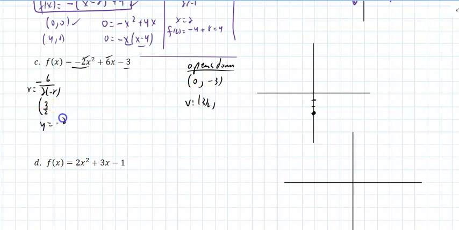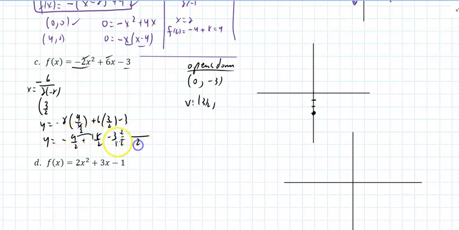Y would be negative 2 times 3/2 squared is 9/4, plus 6 times 3/2 minus 3. Y would equal negative 9/2 plus 18/2 minus 3 over 1. So this is positive 9/2. Alright, negative 9/2. 9 minus 6 is 3.